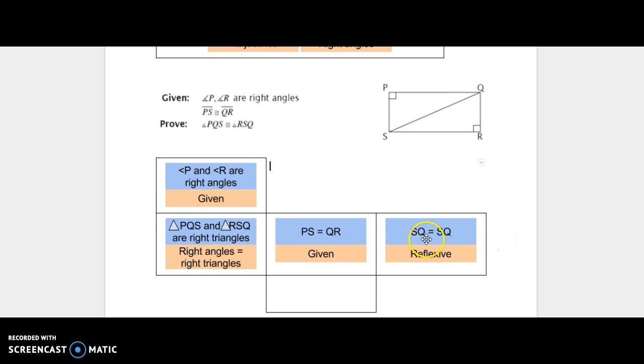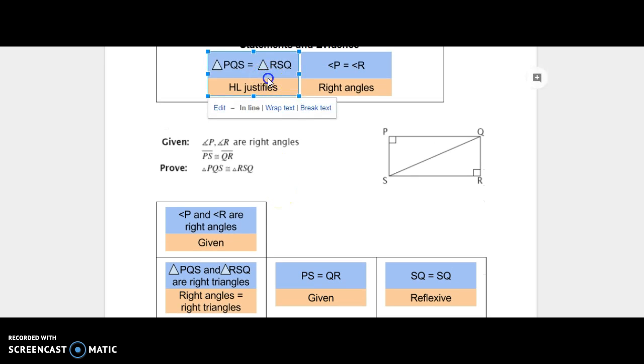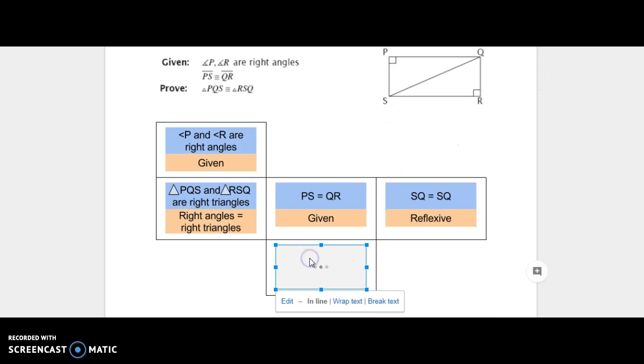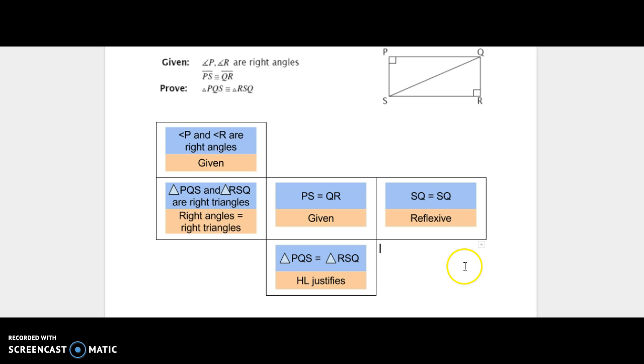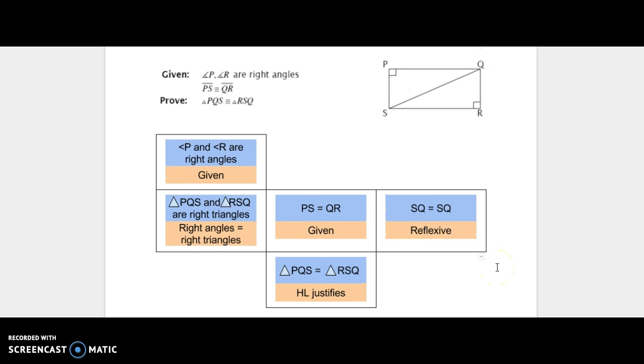With that information, we have congruent hypotenuses, congruent corresponding legs, and right triangles. Now we're allowed to say triangle PQS is congruent to RSQ, and HL will justify that. This is slightly different from the proofs that you're used to, because we don't care that triangles PQS and RSQ have right angles. We care more that they are right triangles.